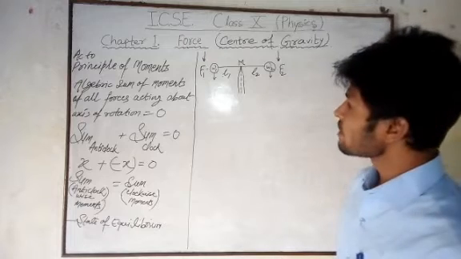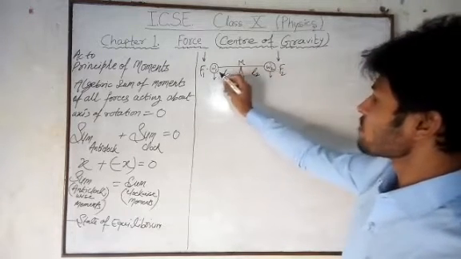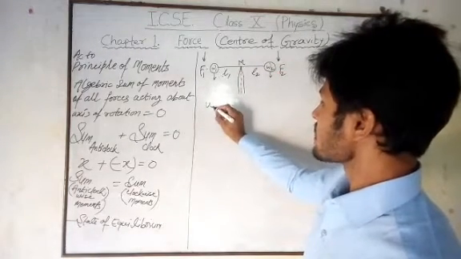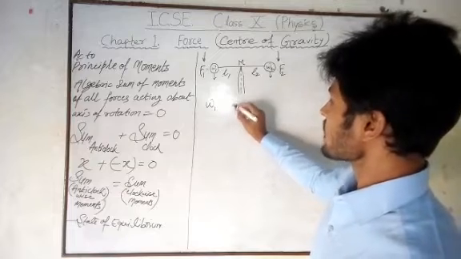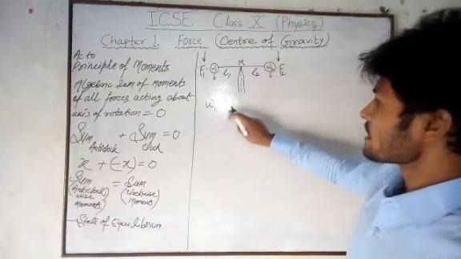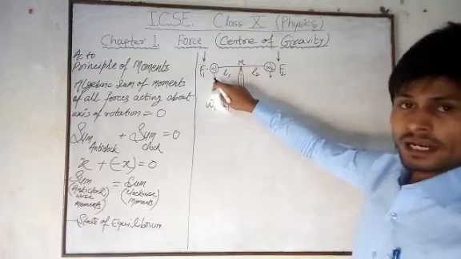Now we will calculate the moment of force due to the weights W1 and W2. Simply we can write that W1 is the applied force and L1 is the perpendicular distance from the pivot. Here M is the pivot point, and L1 is the perpendicular distance from the point M to the line of action.